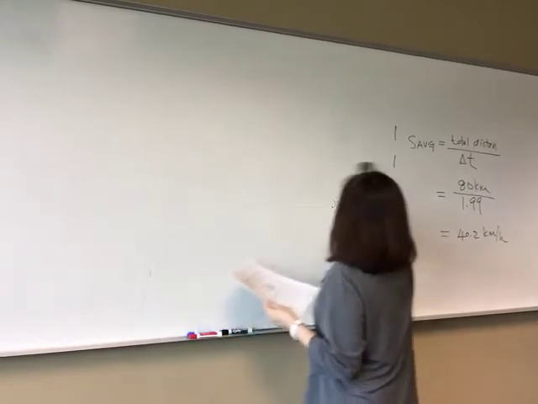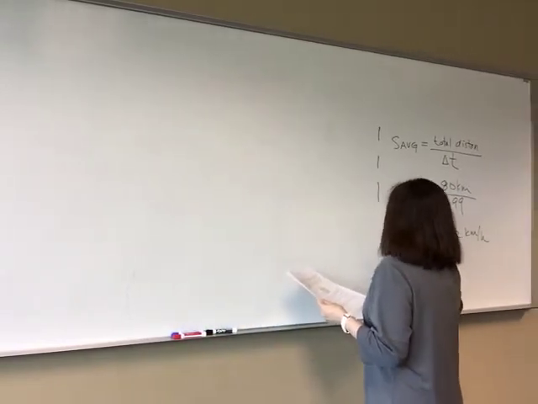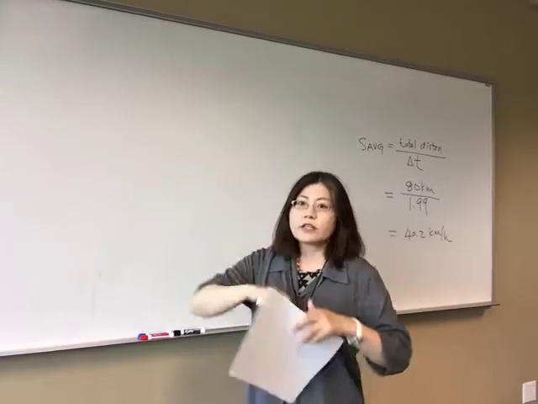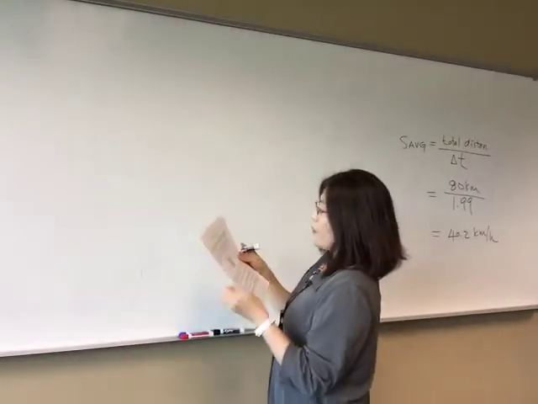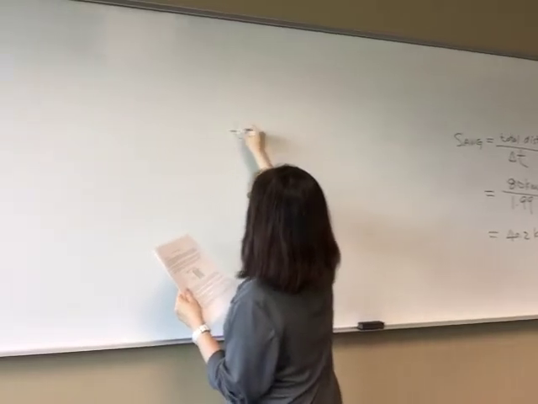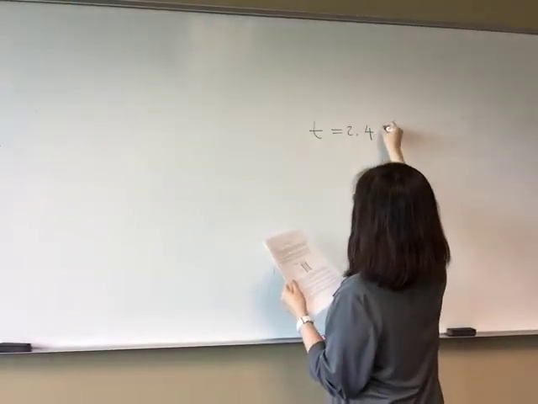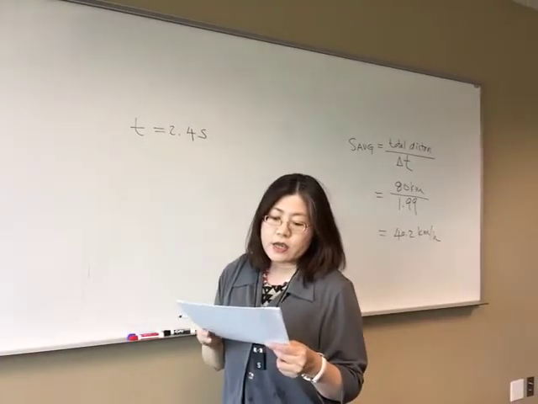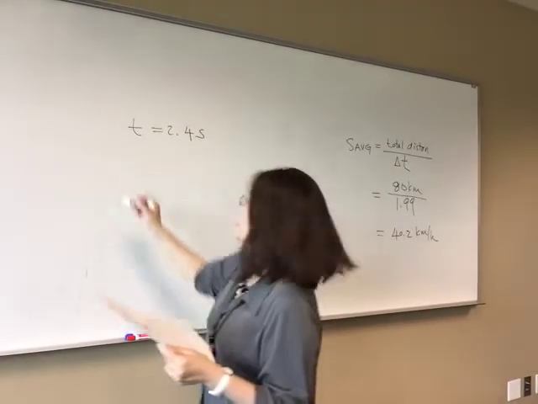So when you read the problem, again, you want to associate the numbers with the symbols. So we know that the time interval is 2.4 seconds, so you have your t, which is 2.4 seconds, okay? And it says that the speed is 18 meters per second.